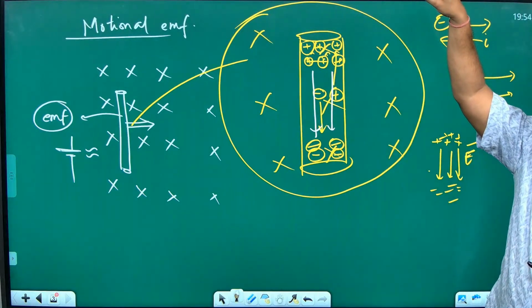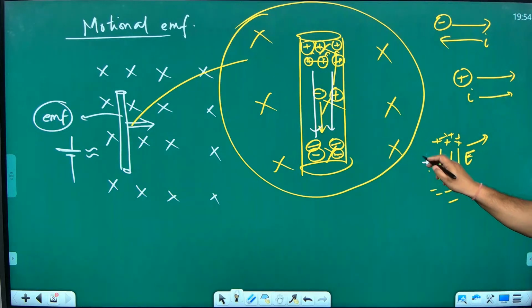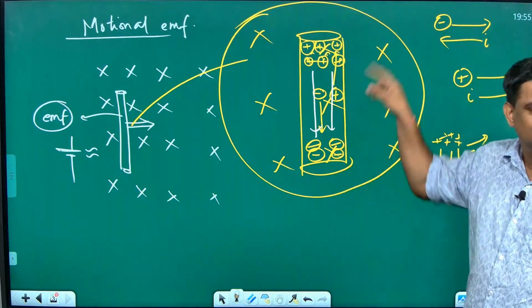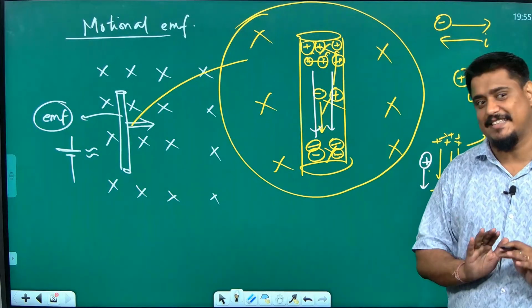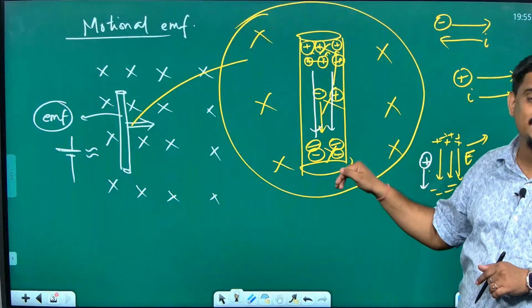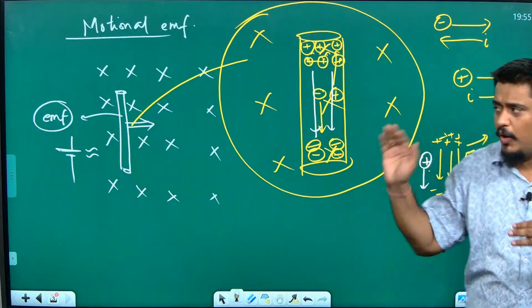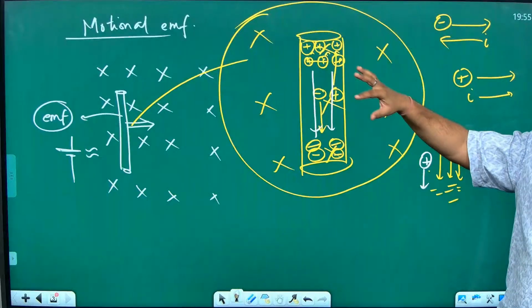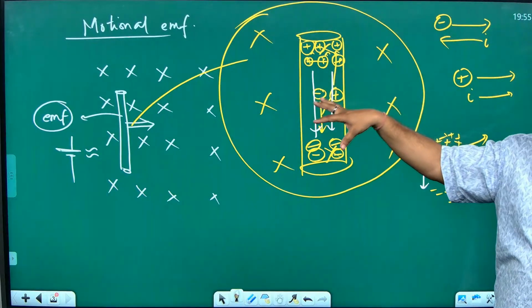A positive charge was deflected where? Upwards. Electric field created. You know very well, a positive charge moves in the same direction as the electric field, isn't it? So this positive charge will now experience a force downwards because of the electric field. Initially, it will be less because there is less accumulation of charge and less electric field, so the magnetic force dominates and it will not be able to go down, it will go up only. But with time, accumulation of more positive and negative charge will create a stronger electric field.